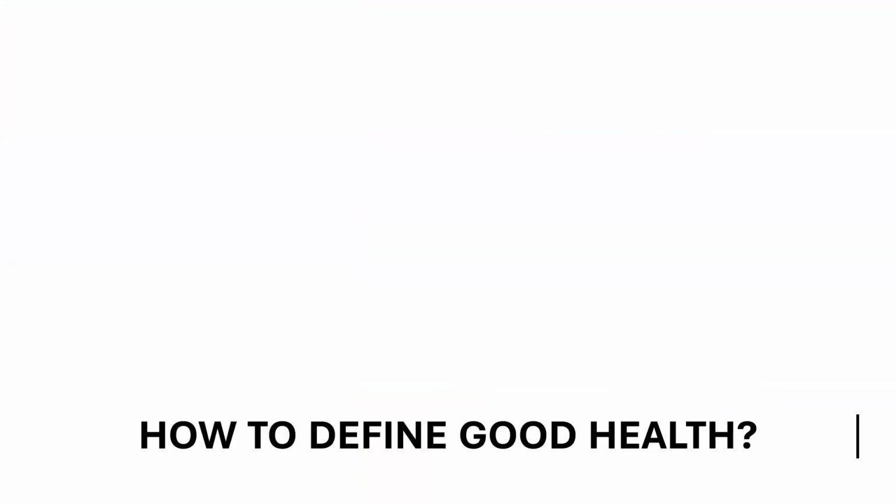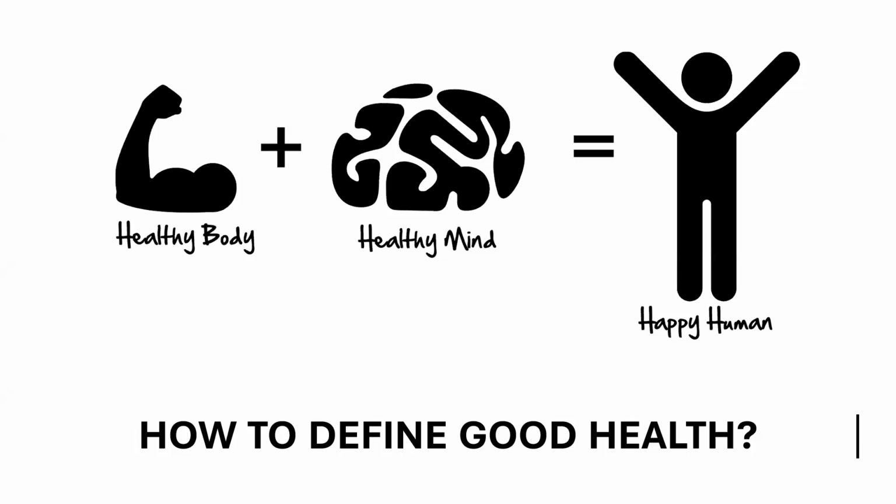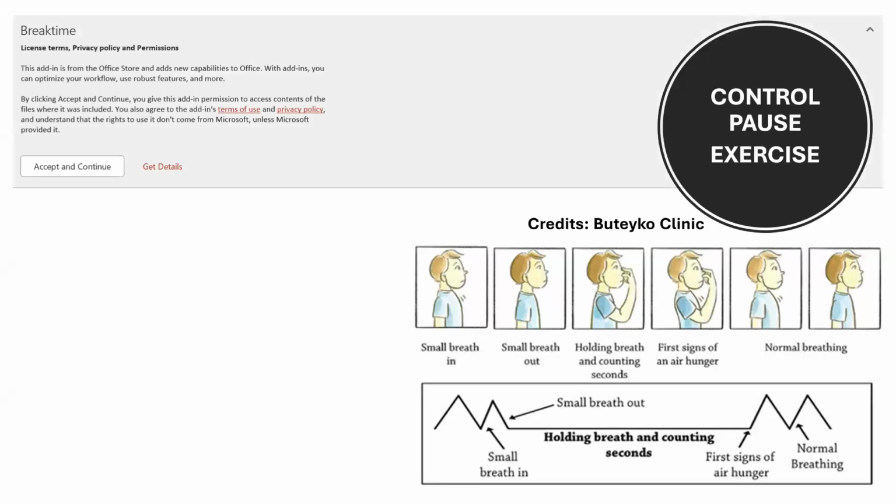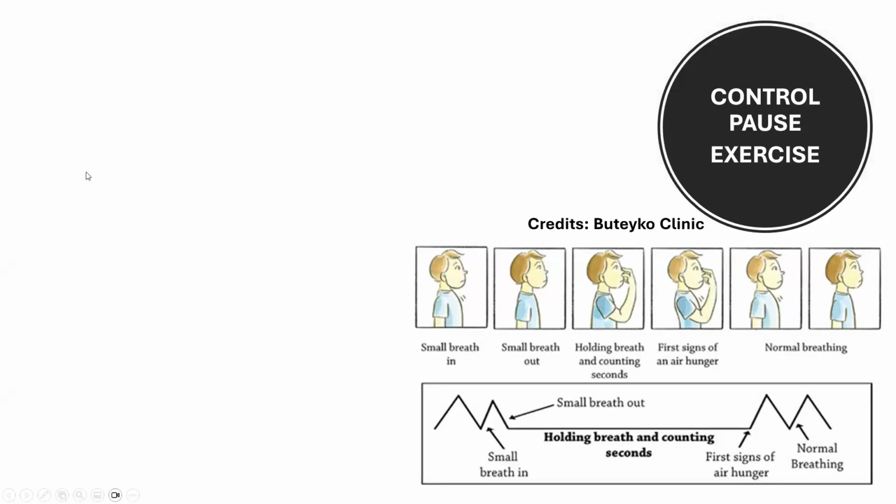We all are very healthy people sitting out here. So I can define a healthy body with a healthy mind as a happy human. But can we check how healthy we are? Do you think we can check it now? I think we can. I'll do a very simple exercise. I don't know what happened to my slide, but okay.